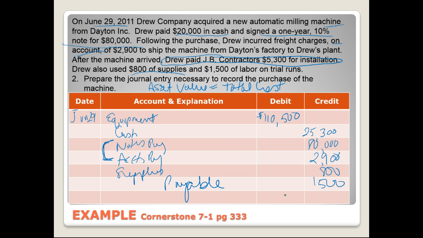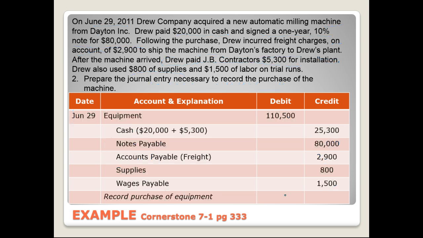So let's look at that in nice, neat typing. Equipment, debit, $110,500. Cash of $25,300. We put the rest of our credits in, and if you added all of these up, you would find that they total $110,500. That's how we account for a purchase. And notice, it included the total cost.